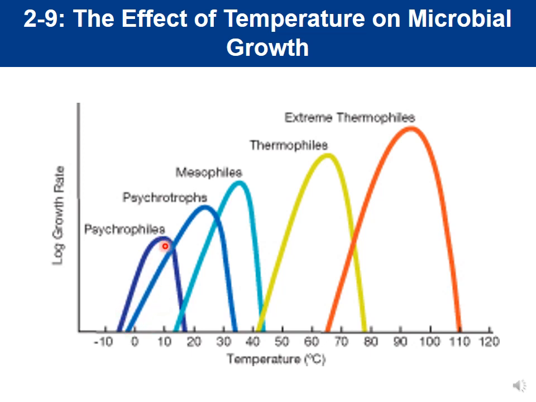They can grow in the refrigerator, and in fact grow optimally in the refrigerator, but don't really grow at room temperature. Your psychrotrophs, meaning cold eater, can grow at refrigeration temperature and room temperature, but often not at human body temperature. And so there are very few psychrotrophs that are pathogenic. We'll talk more about that in a minute.